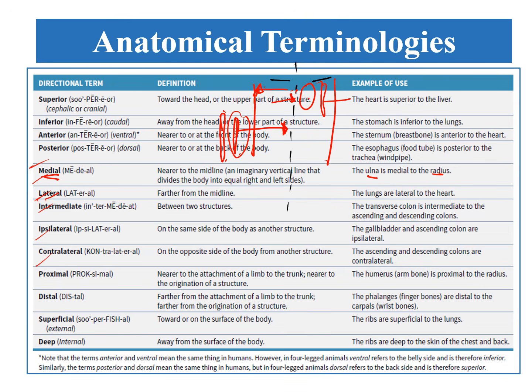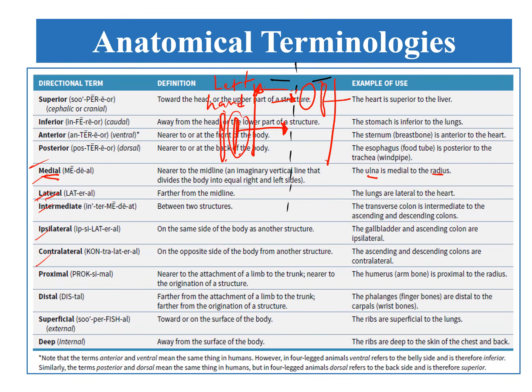Then ipsilateral and contralateral. Ipsilateral is used when the structures are on the same side of the body. For example, the left hand is on the same side as the left leg, or the left upper limb is on the same side as the left lower limb.